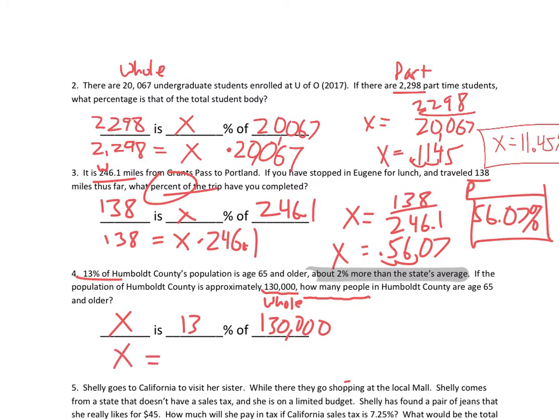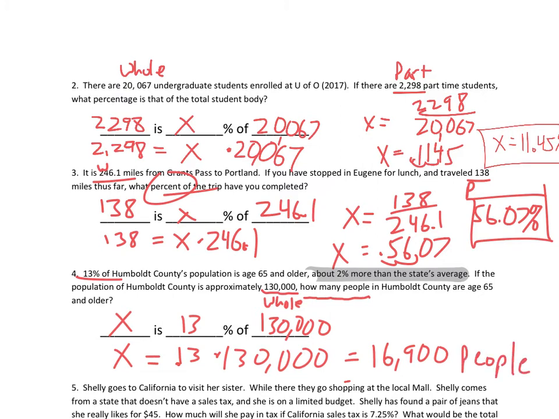X equals 13%, write it as a decimal. All right, and go use your calculator for that. And this one's nice because you just calculate 0.13 times 130,000 gives us 16,900 people. All right.